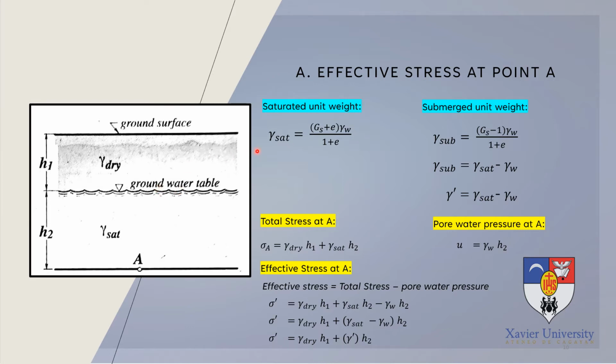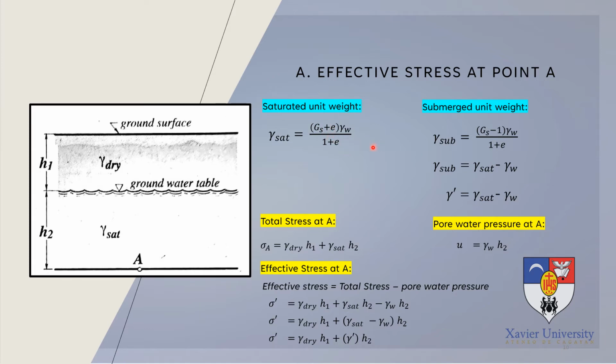If the unit weight saturated is not given in the problem, then we can solve it through this equation, which requires the value of our specific gravity and our void ratio.